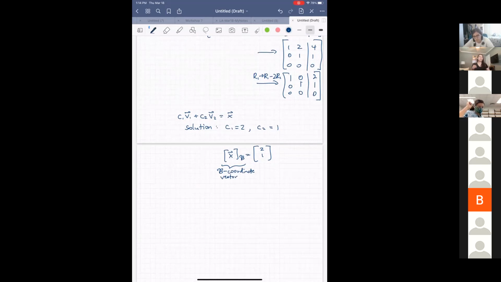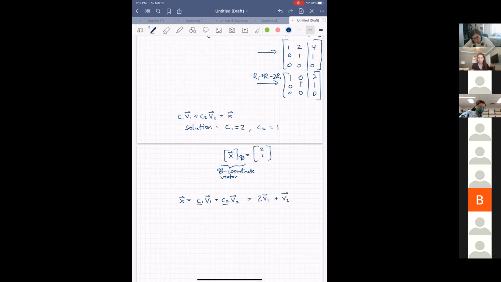Okay, so the idea is that you want to represent X using coordinates, right? C1 and C2. Or okay, just generally, you want to represent X as a linear combination of V1 and V2. So when you figure out what C1 and C2 should be, in our case, we got 2 times V1 plus 1 times V2, right?